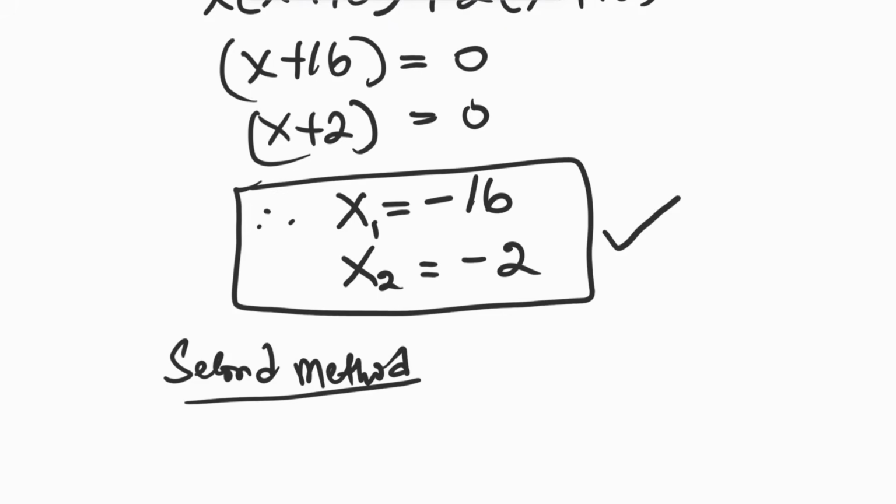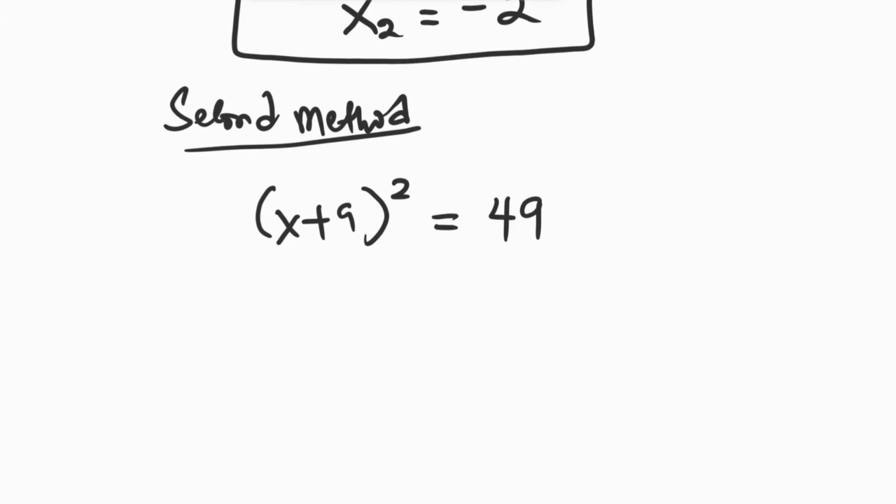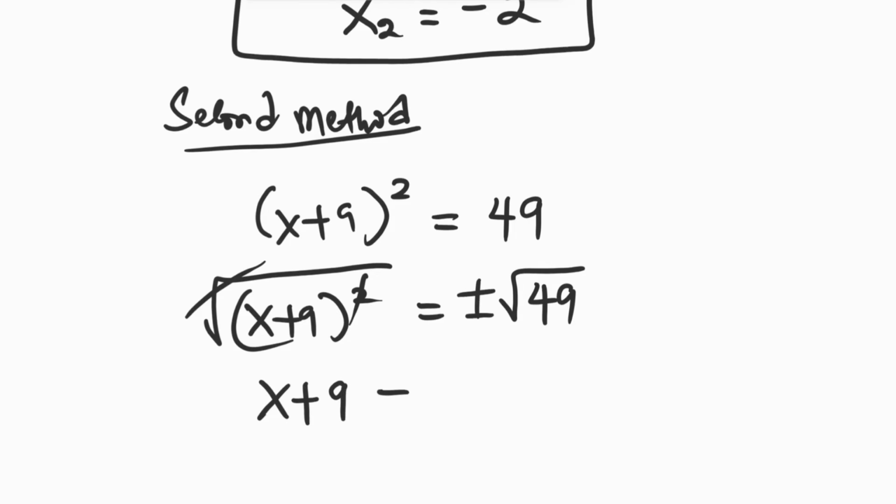So let us try our second method. For the second method, we have our question to be (x + 9) all squared equals 49. So we can write straight away, just apply square roots to both sides. And so we have the square root of (x + 9) all squared equals the square root of 49. And these two can cancel out, the square root and the square, and so we have x plus 9 is equal to the square root of 49, which is 7.